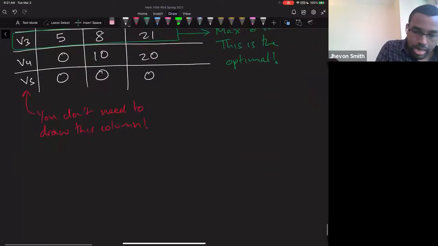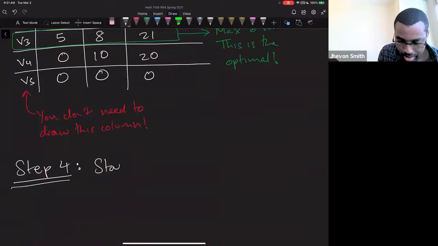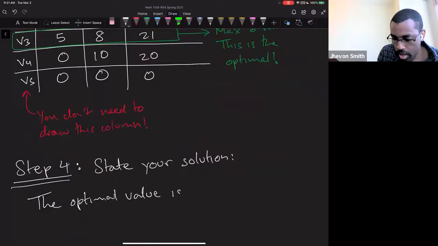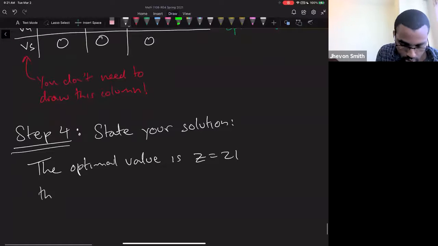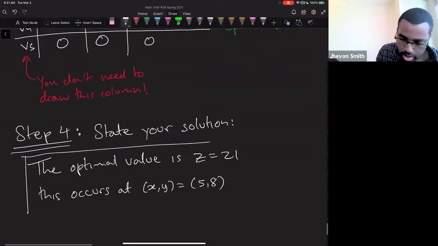So now, step 4, which is the easy part, but part that people often forget, state your solution. The optimal value is z equals 21. This occurs at x comma y equals 5 comma 8. And that's your answer.